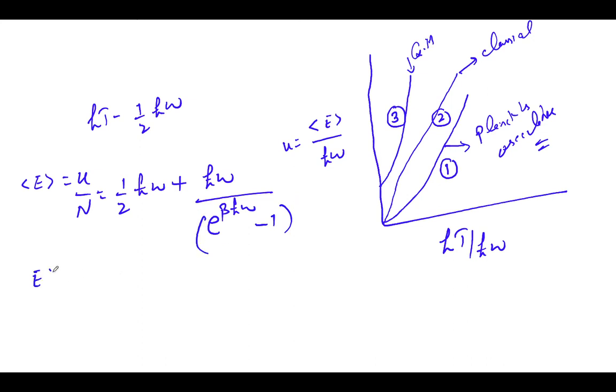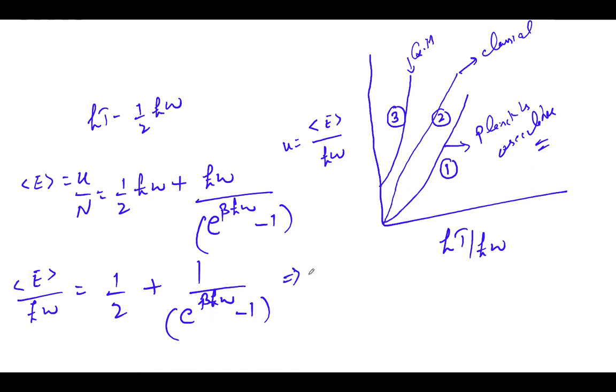So this average value over h bar omega is equal to 1 by 2 plus, if I take this h bar omega to the left hand side, 1 over exponential of beta h bar omega minus 1. Now at high temperatures, the value of kT is very much greater than h bar omega, or you can say that 1 is very much greater than h bar omega over kT.